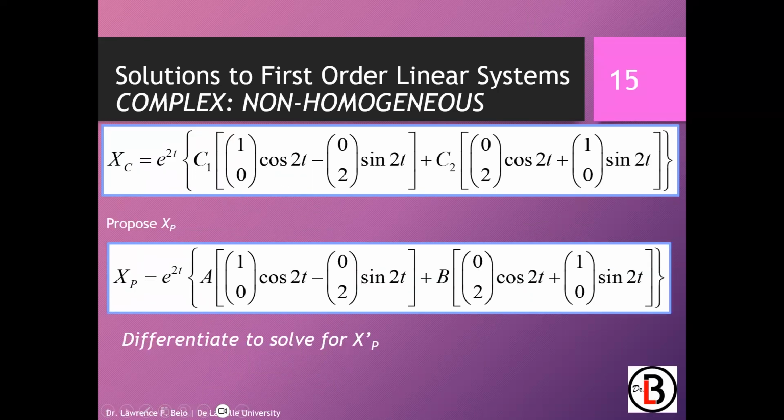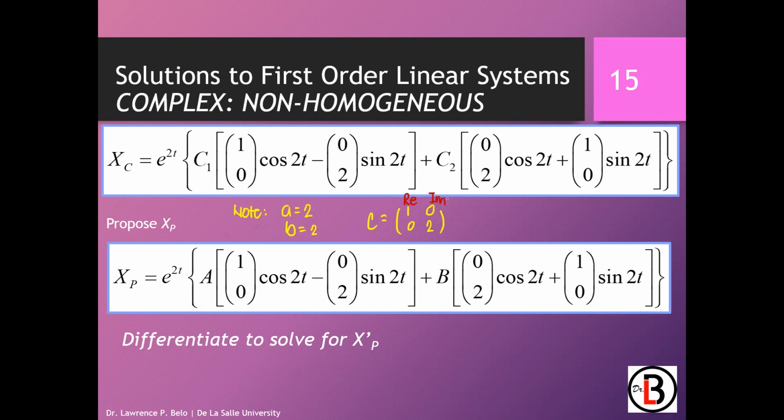With that, you have to take note that in here, the A that we have is 2, B that we have is 2. Di ba ito? 1, 0, and 0, 2. So that is for the real.